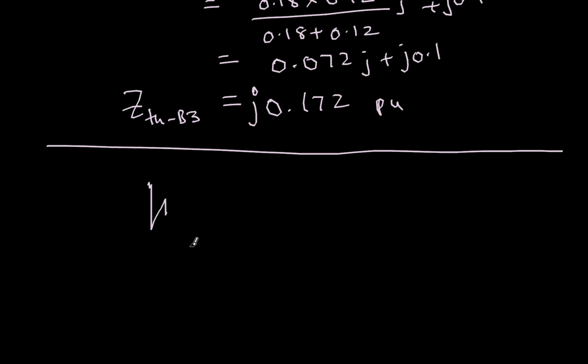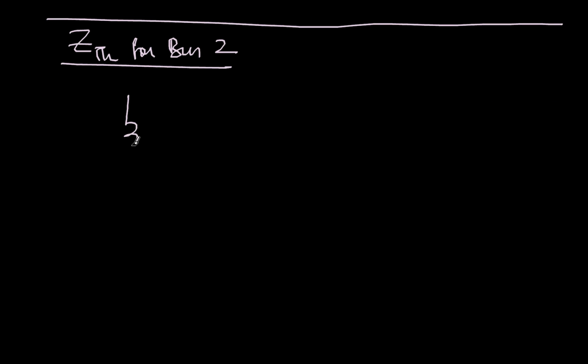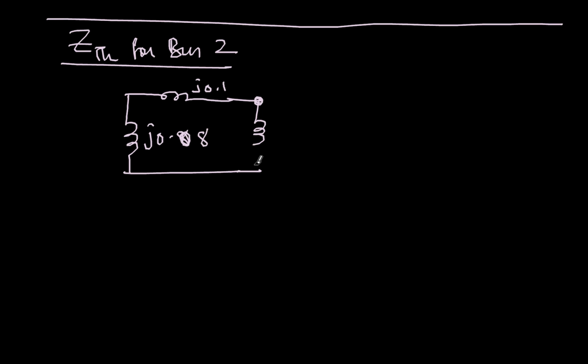Find out what is the Z Thevenin for bus 2. So let me get the system once again. I'm just drawing it from my memory. This is 0.08 and this is 0.1, and then bus 2, this is J 0.12, and then this side J 0.1, and then this side is open circuited.